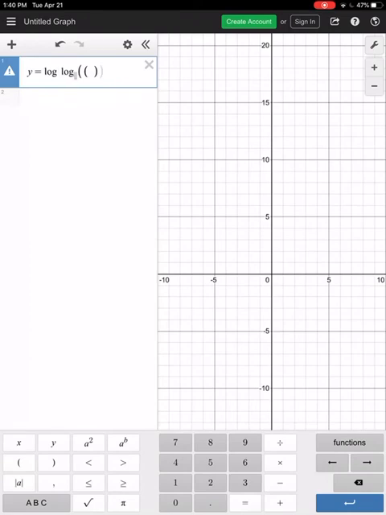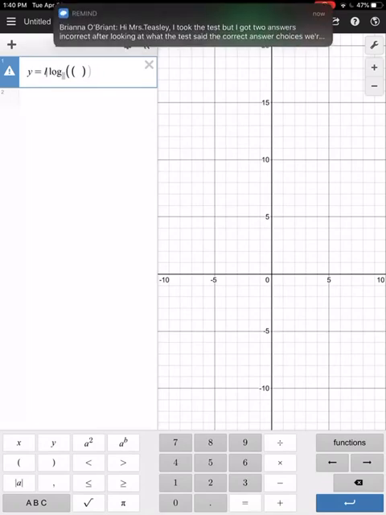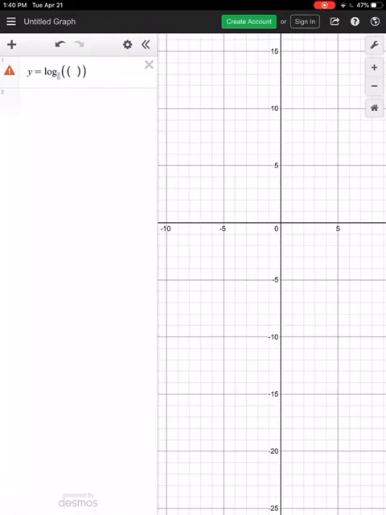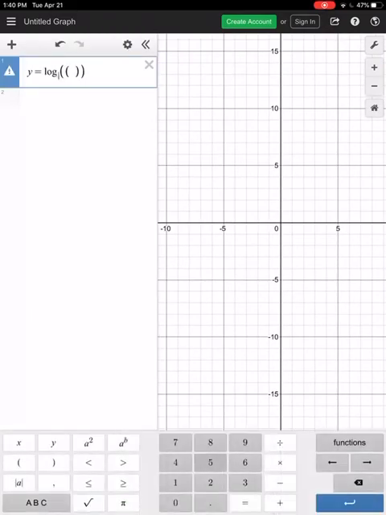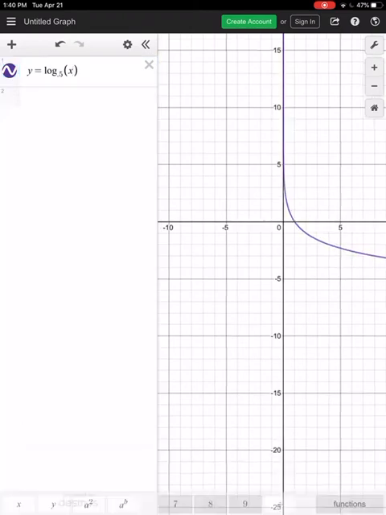I'm going to change it because it's not letting me put in the fraction, or at least I don't know how to do it. So instead of putting 1/2, I'm just going to change it to 0.5. So 1/2 is the same thing as 0.5, and it's just x. There's your graph.